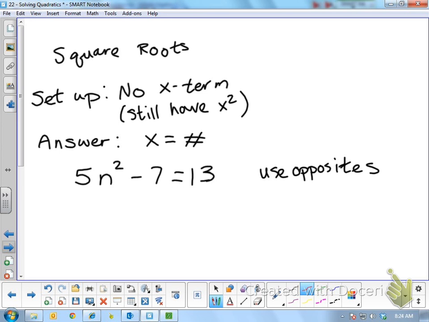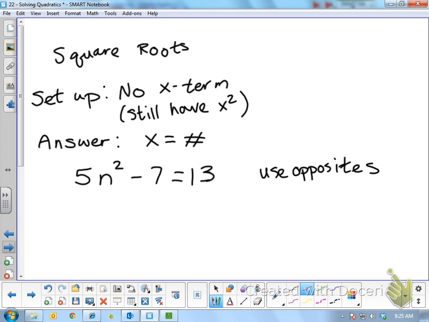So, to use solving by square roots, instead of having to be equal to 0 or having to have variables in a certain spot, our only thing we need to be concerned about is that we have no x term. Which means there's no x written at all.